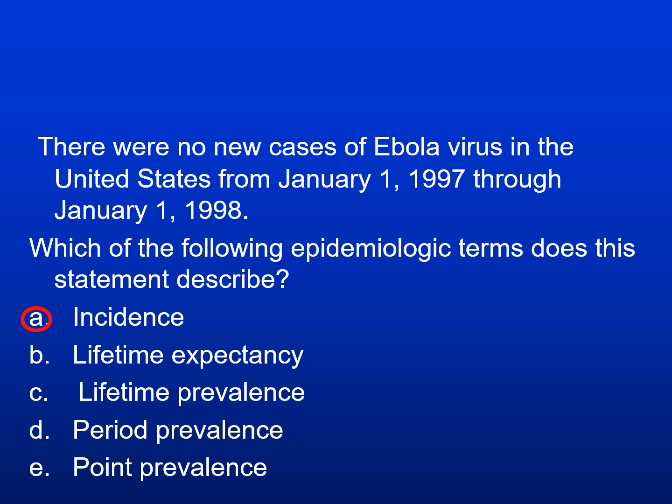The answer is incidence, because if you imagine that we said the new cases is one case or two cases, this is an incidence rate because these are new cases and the incidence measures new cases.